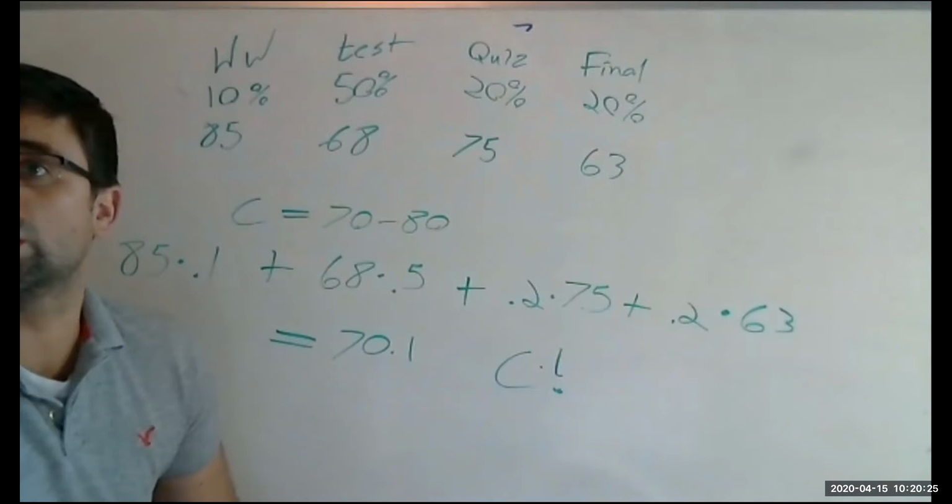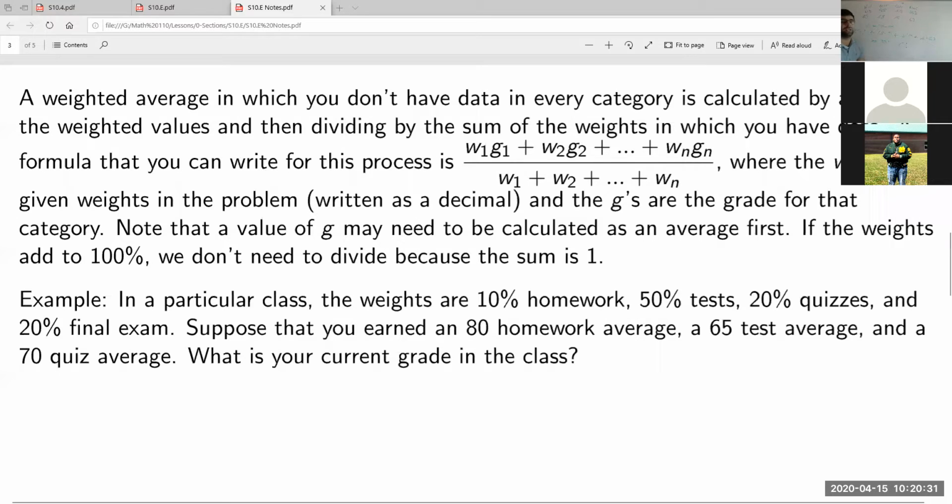So let's read. A weighted average, in which you don't have data in every category, is calculated by adding up the weighted values and then dividing by the sum of the weights.